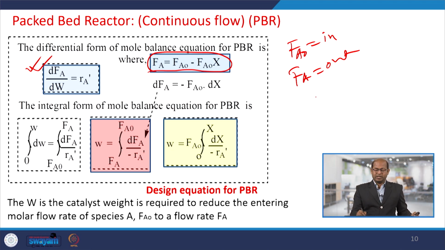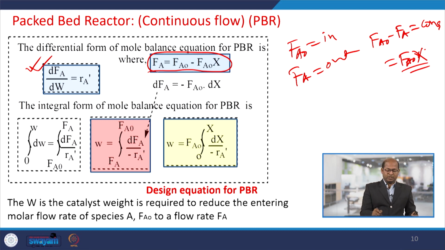The difference between them is the amount of component A that reacted, meaning consumed during the reaction inside the reactor. So FA naught minus FA, the difference, is the amount consumed or taking part in the reaction, that is FA naught into x, where x is the conversion. Then if we differentiate this, we get dFA equals minus FA naught dx.